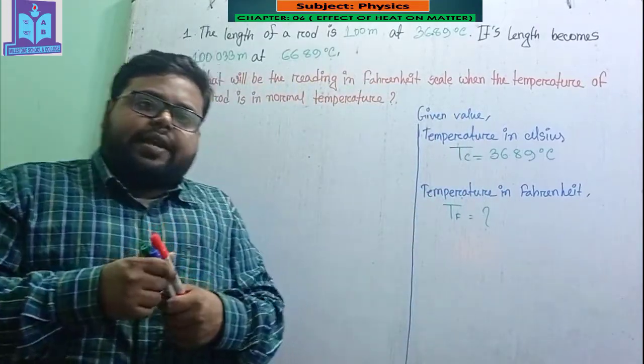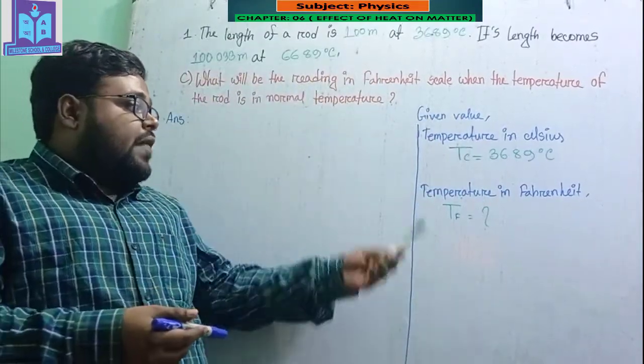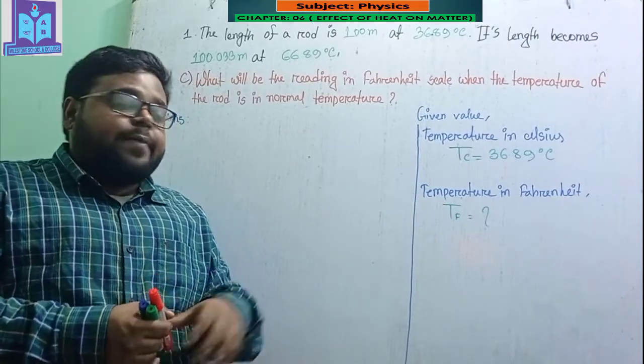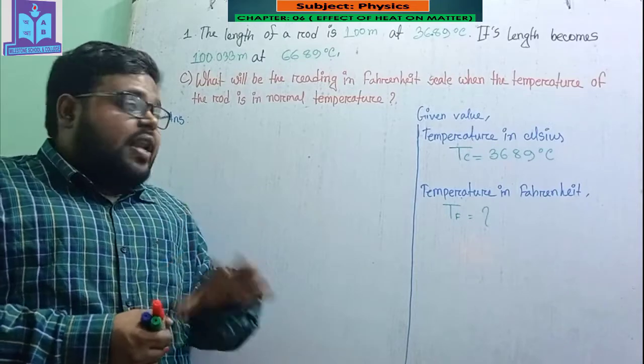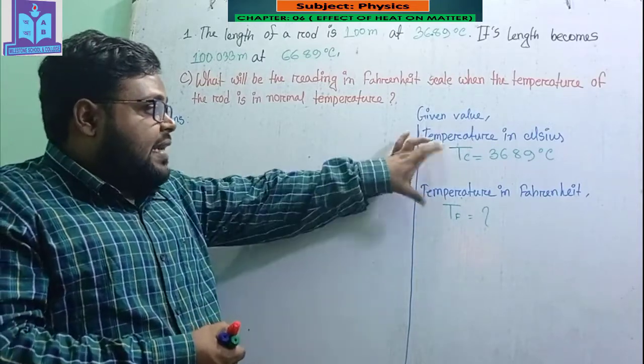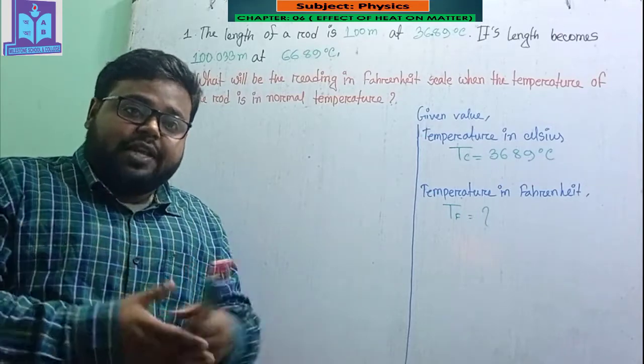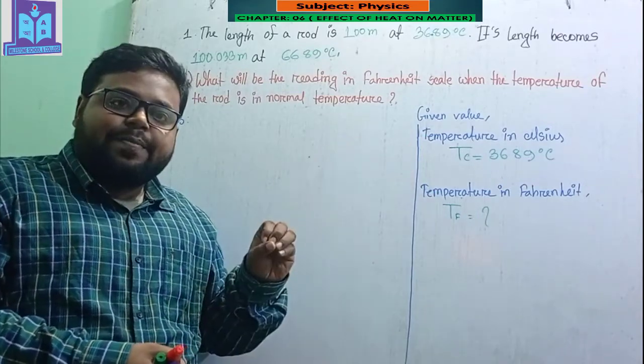So my dear student, if I want to find out the temperature in Fahrenheit scale, then I know a relation between Celsius scale and Fahrenheit scale. Do you know what is the relation between these two scales?